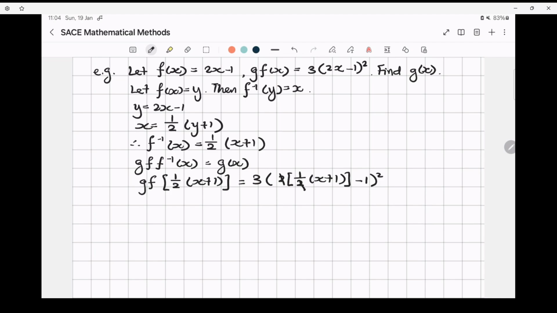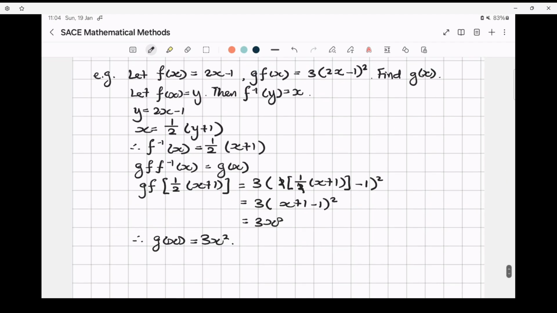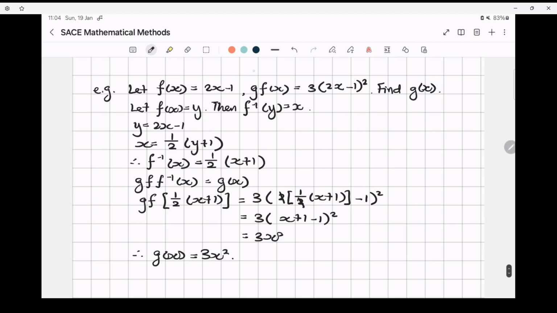So these two cancel off, and you have 3 times (x plus 1 minus 1) squared, which is 3x squared. Therefore, g of x is 3x squared. That's how you find your function g when the function that the question gives you is on the inside.